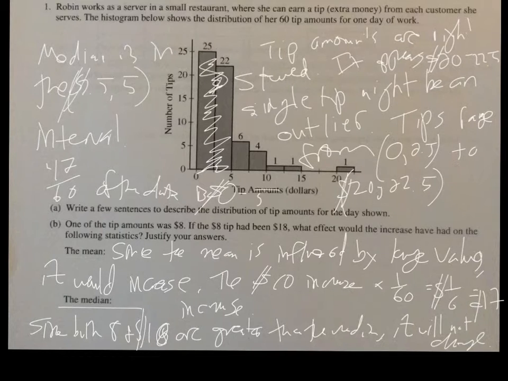If it's easily influenced by outliers, it's non-resistant. The mean is non-resistant, which is why the mean is affected by moving that 8 up to an 18. Showing the actual dollar value is great. It wasn't necessary. It was just nice to be able to show that. So that's number 1 on the 2016 AP exam.